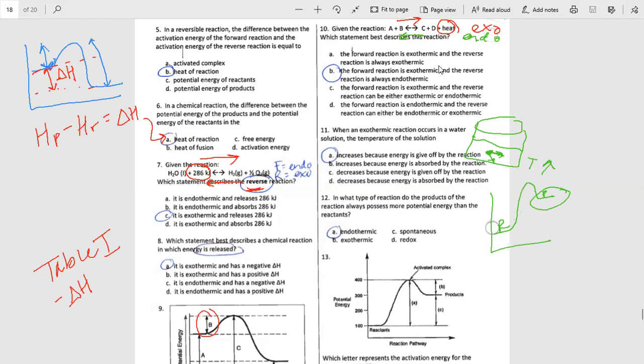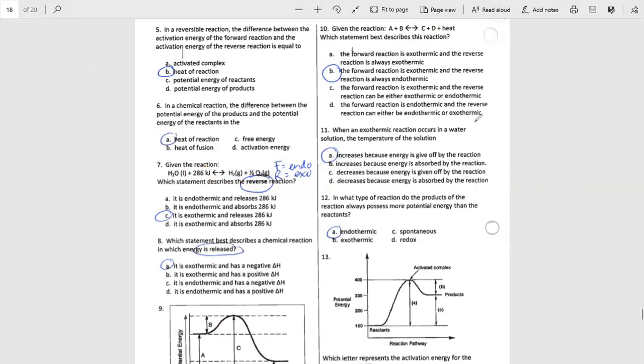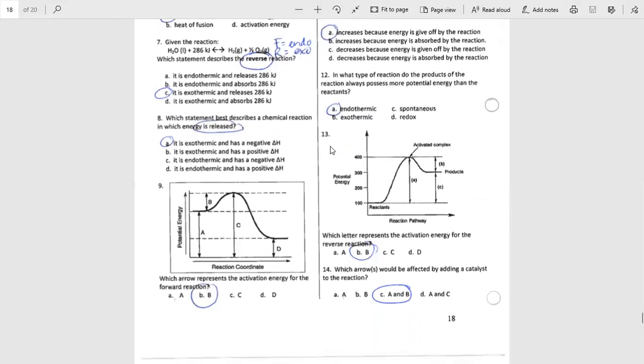Okay, number 13. Let me just scooch this down a teeny bit. Which letter represents activation energy for the reverse reaction? This is activation of the forward reaction, which is letter A. They just scooted it over.